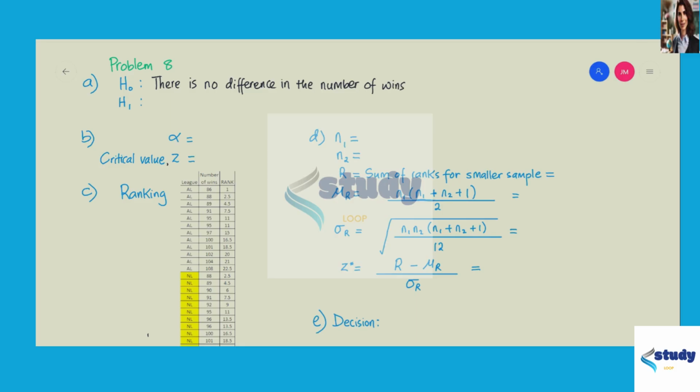And the alternative hypothesis is that there is a difference in the number of wins. And in both cases, we're comparing the two leagues.